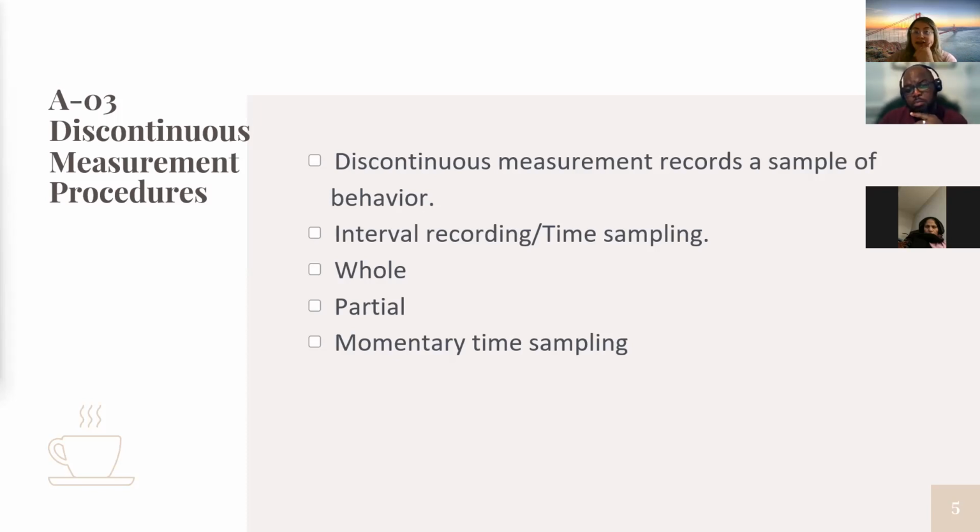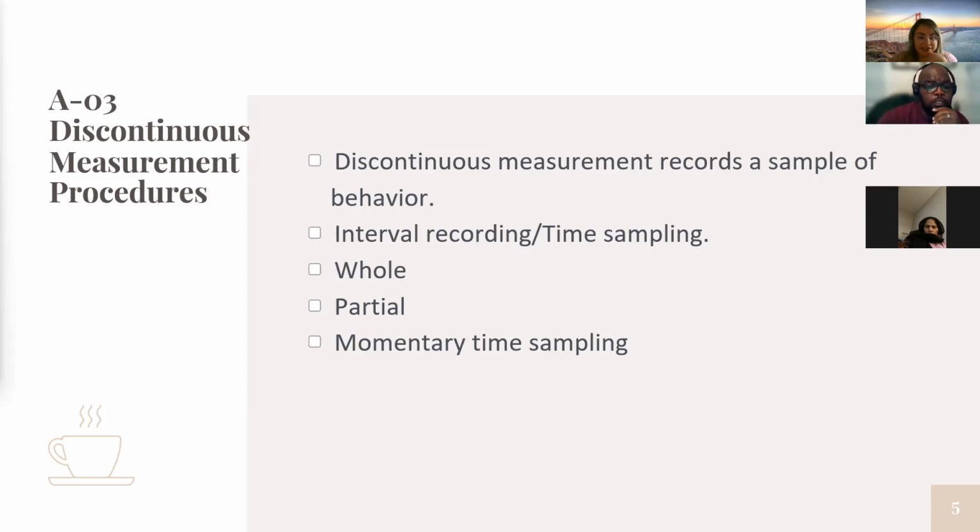And then you have momentary time sampling. For momentary, I always think of moments. Did the behavior occur at the moment of the beep? Yes or no? And you'll record data whether it did or whether it didn't. If the behavior did not occur, you still have to take the data. So it'll be an X or a 0, however you are taking your data.